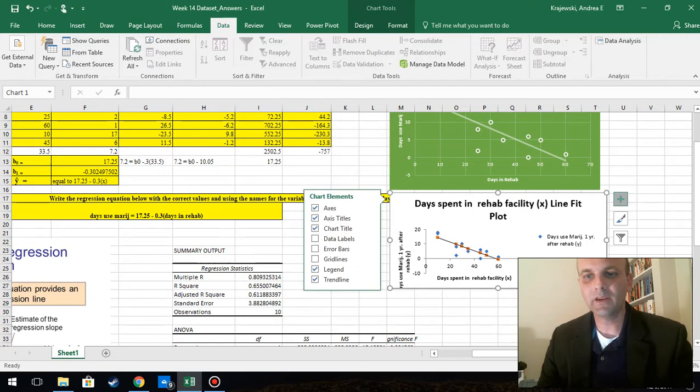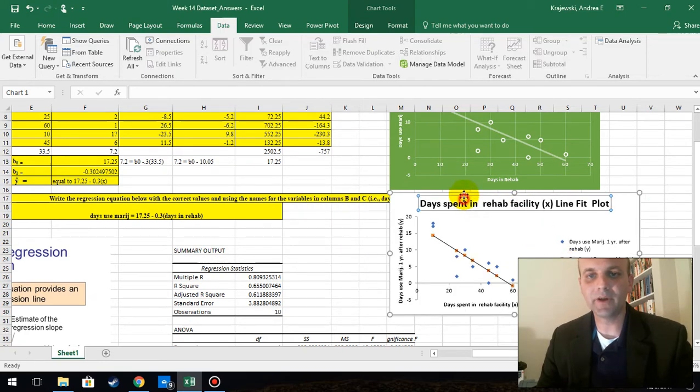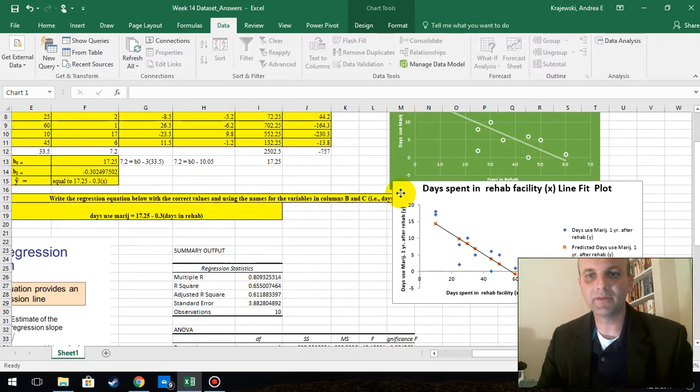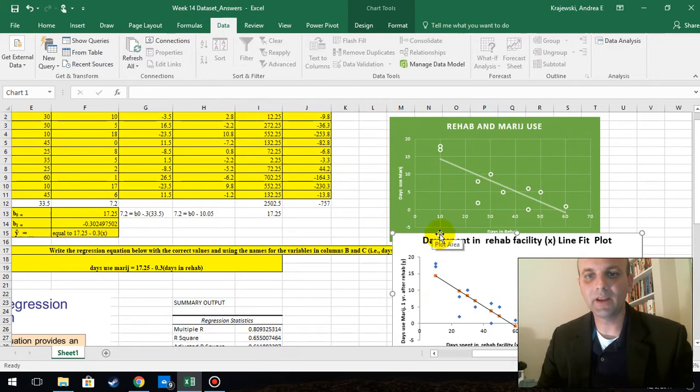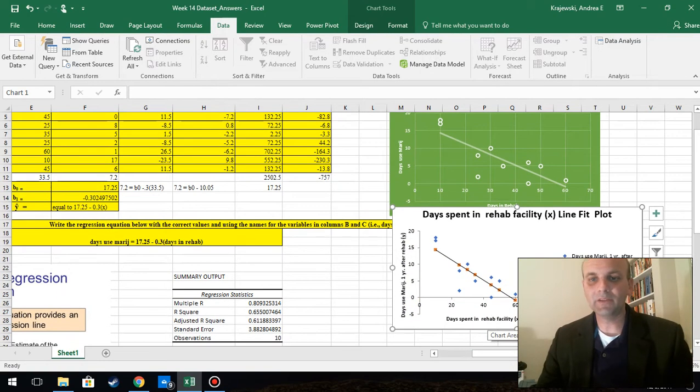This is essentially the same scatter plot that I have above here. It starts at 10 here and goes all the way down, and you see 60 gets down below. Now obviously you can't use less than 0 days using marijuana.